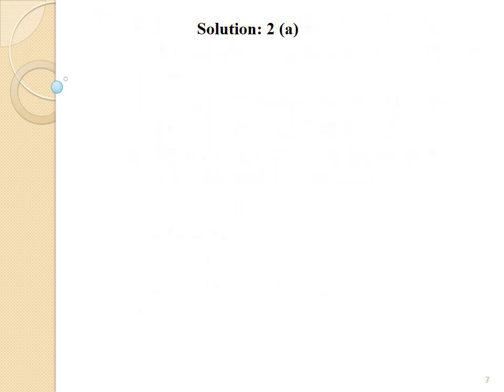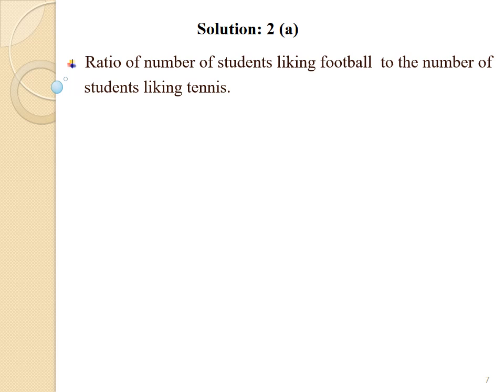Sum number 2, solution A. Ratio of students liking football to the number of students liking tennis equals number of students liking football by number of students liking tennis equals 6 by 12.